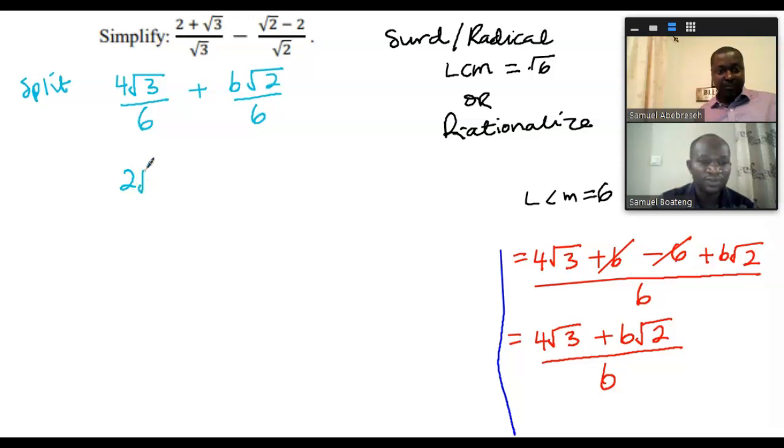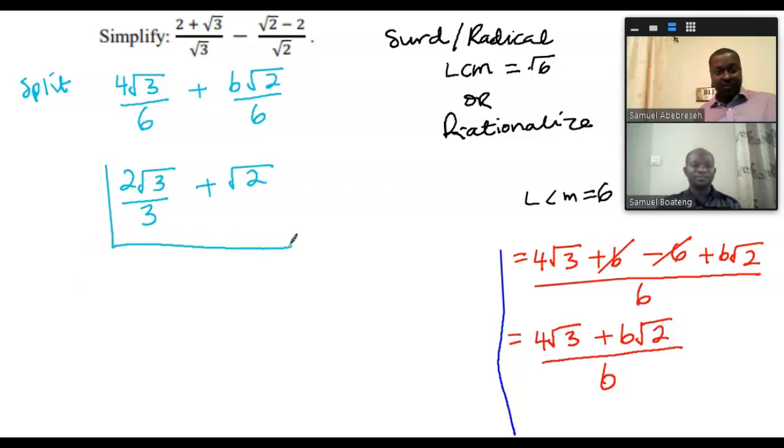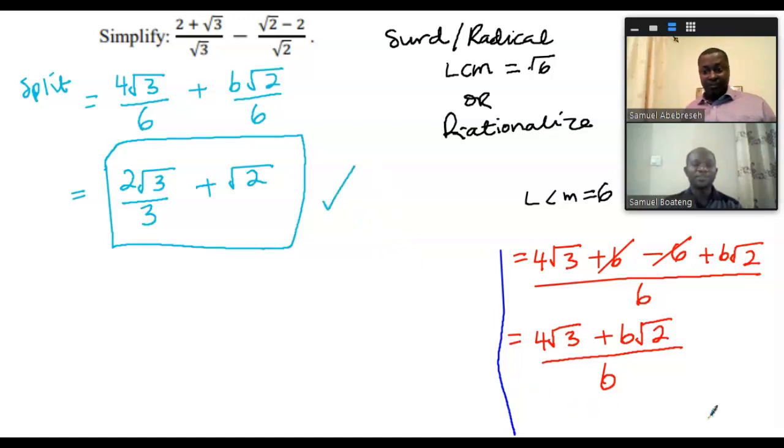So 2 root 3 on 3, plus 6 will cancel 6, making root 2. So questions on set are not really difficult. You make sure you apply the properties and you will not have any serious problem.